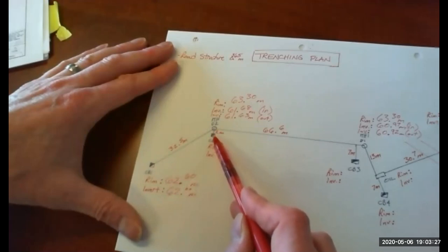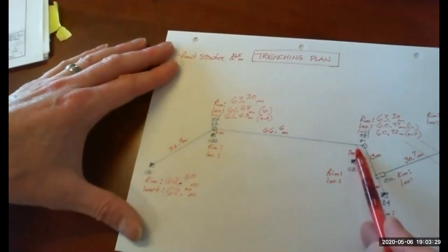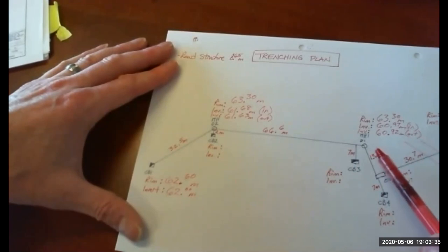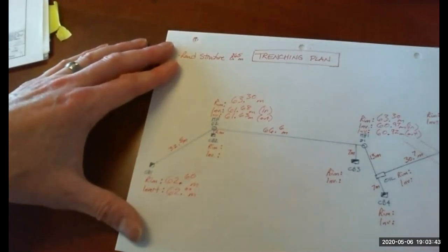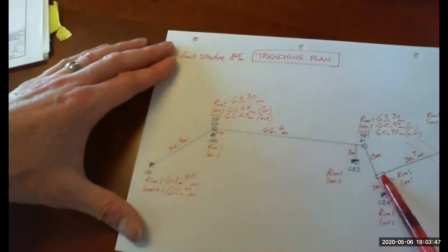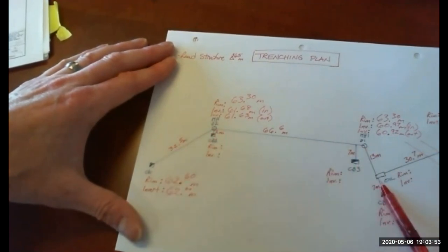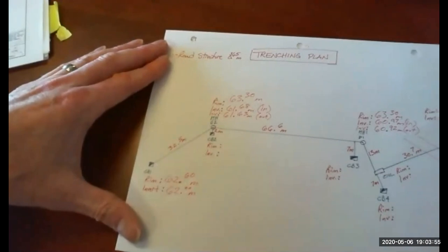This little piece here is 200 diameter. That's 200 diameter. That is 200 diameter. These should be 250 diameter. Yes, if we look on the profile, that's correct. So 250 runs like this, and all the CB leads are 200. So there's 4 of those.